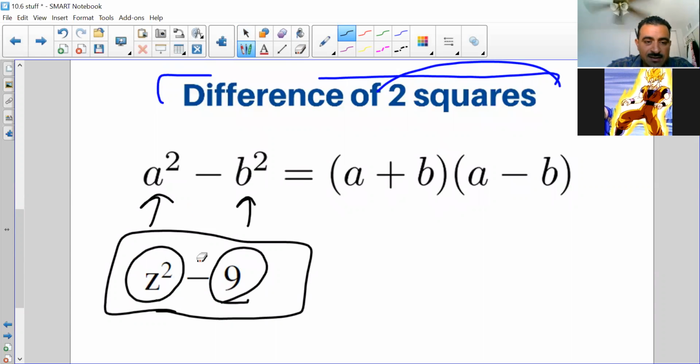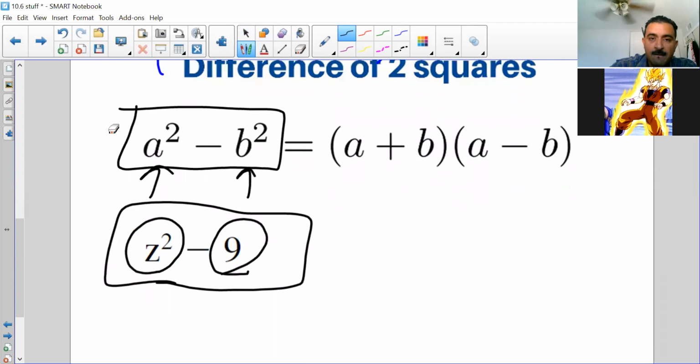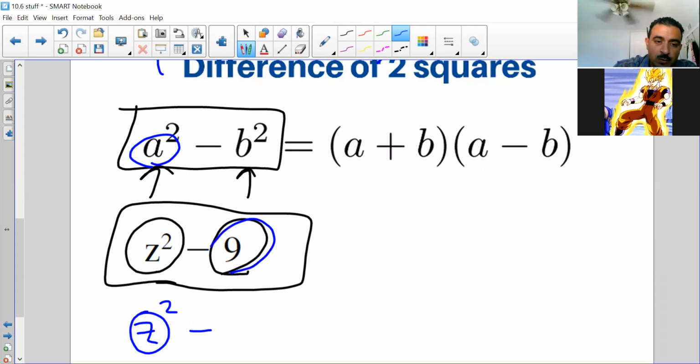Let me rewrite Z squared minus 9 as an A squared minus B squared. Watch. Z squared, that's already done. Look at Z is kind of like my A right here. Z is the A. Look at minus, let me rewrite 9 as something to the second power, like B to the second power.